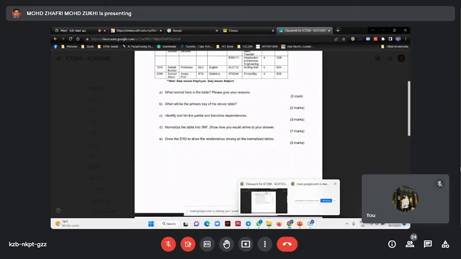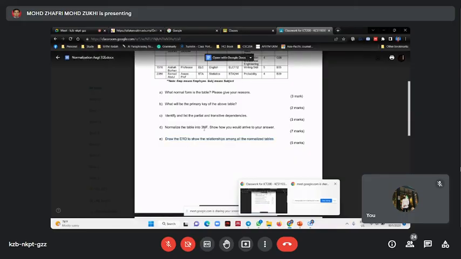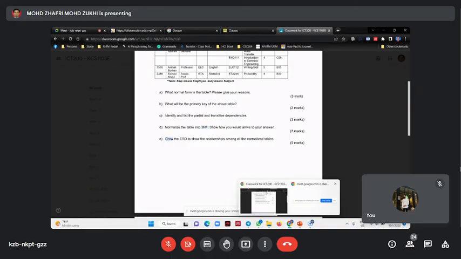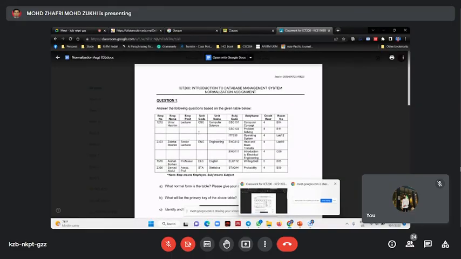Show how you arrive to your answer. And finally, draw the ERD to show the relationships amongst all of the normalized tables. Okay, so that's why I asked you to draw the ERD even though the example didn't ask us. Okay, so that we know when you draw up, you click up to third normalization form, then you can draw the ERD. Okay, so this is in the form of the relational table.